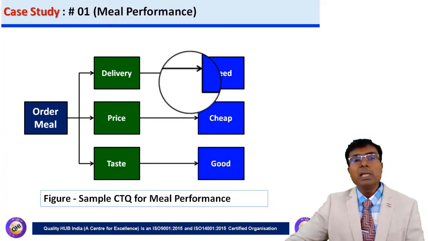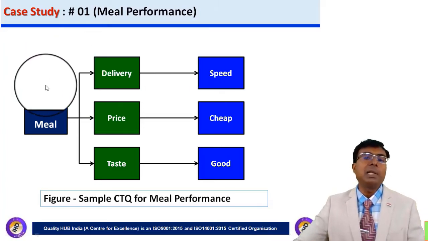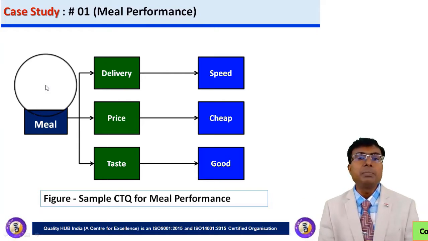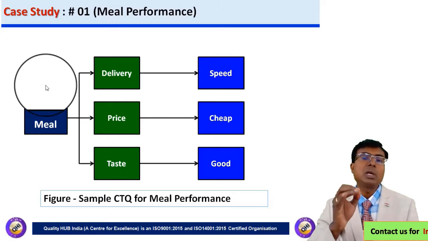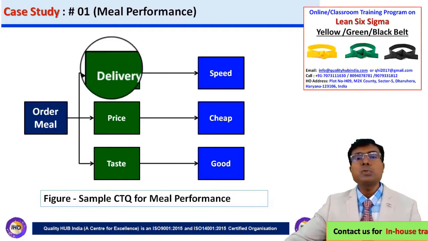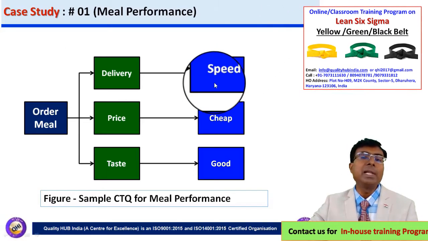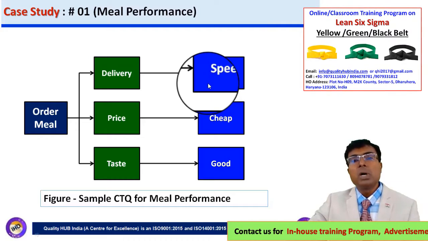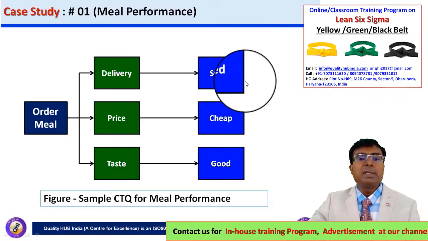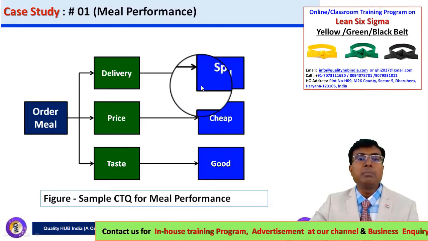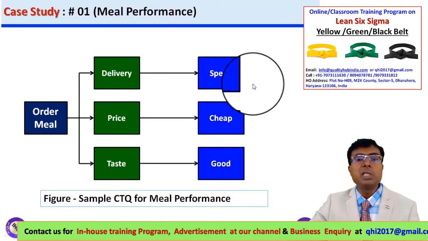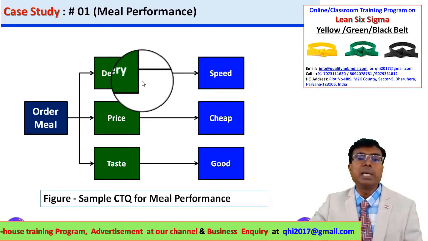For example, some pizza companies have a rule of delivering the pizza within 30 minutes of the order being given. So speed is very much important. I can define something like once the order has been given, within 15 or 20 minutes the meal needs to be served. That can ensure speed, or the delivery element.